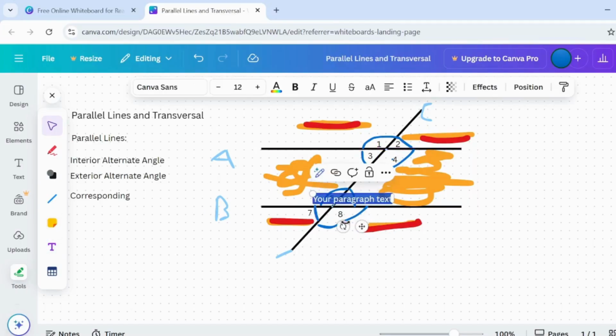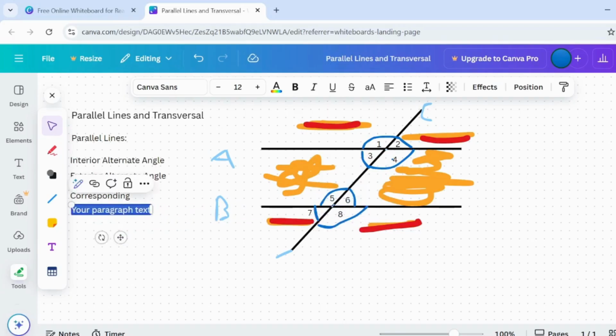So next we come to the co-interior angles. Co-interior angles are two angles which lie on the interior region and on the same side of the transversal.